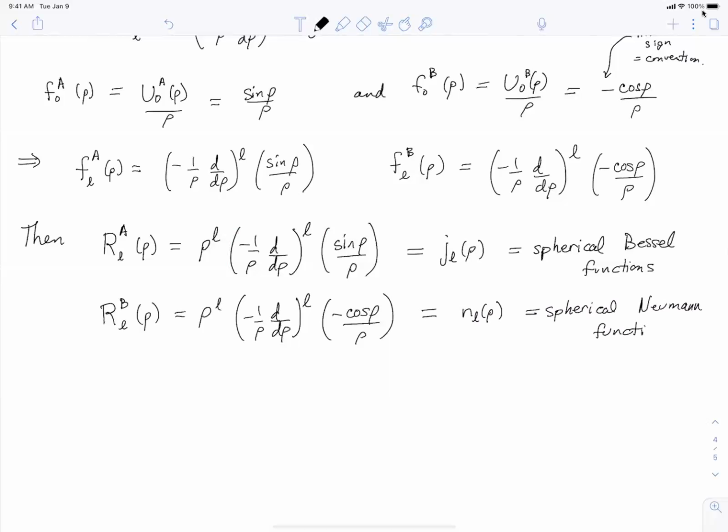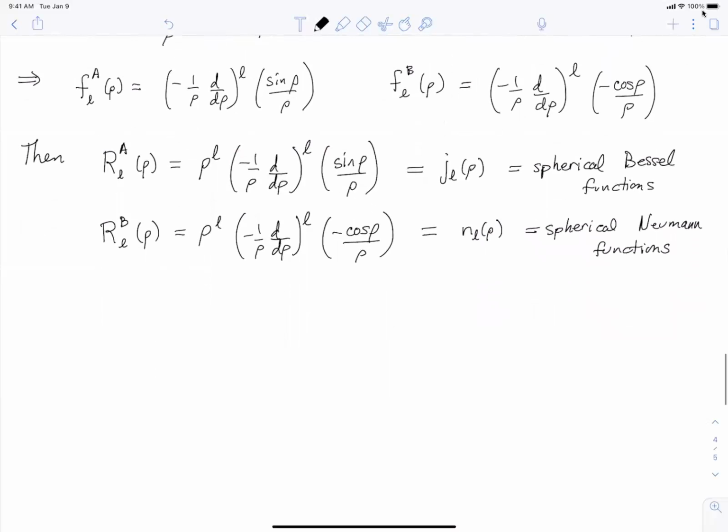And people have devoted a lot of time to understanding the properties of these. I'll just tell you some of their properties without going into the mathematical details. So first of all, let's write down the lowest few, just to get an idea of what they look like.